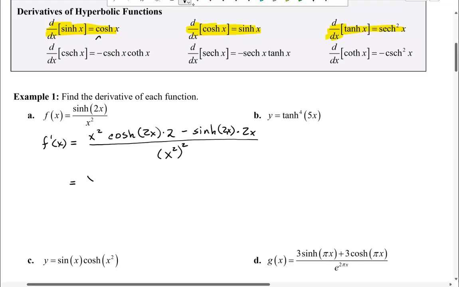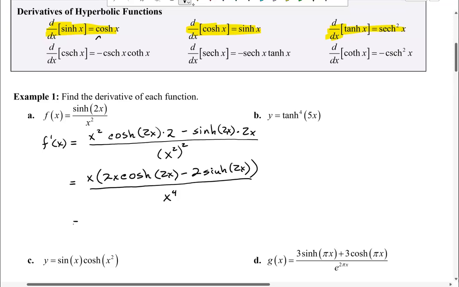We could also factor out a 2, but let's just factor out the x, so that way we can cancel in the denominator. So the first term, when we factor out the x, gives us a 2x hyperbolic cosine of 2x minus 2 hyperbolic sine of 2x. And in the bottom we have x to the fourth. Canceling, we get a result that looks like this.